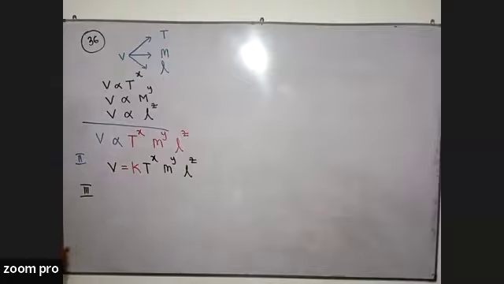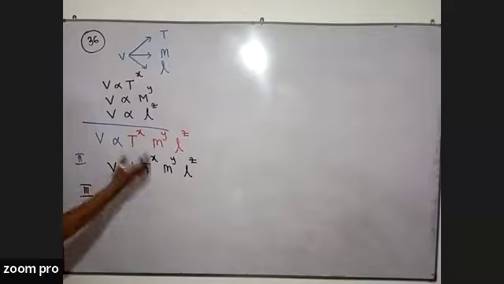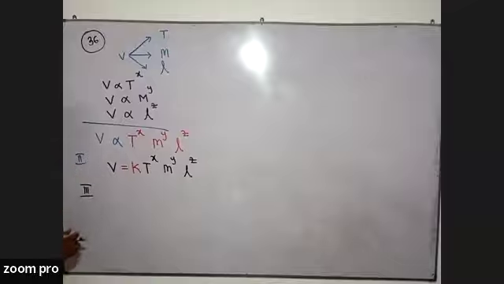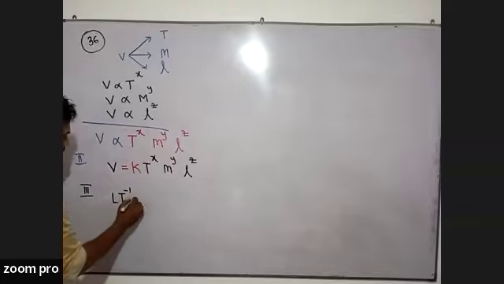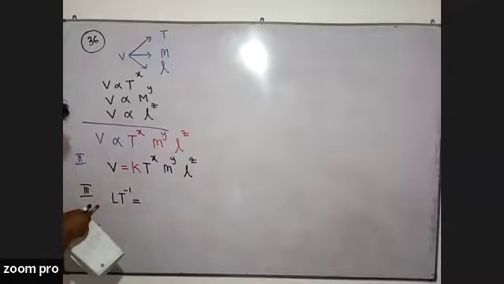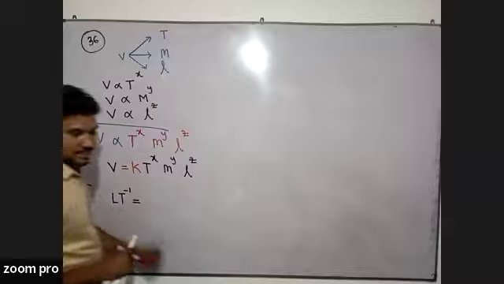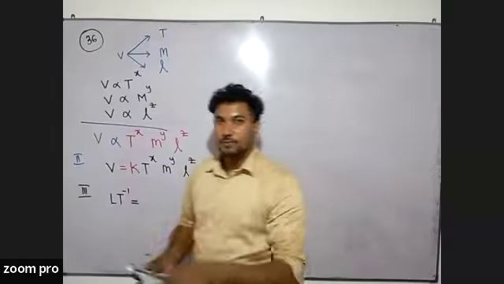In the third step, you just have to substitute the relevant dimensions for each physical quantity, right? So v means velocity, that means L T to the minus 1, equal to. Now when you substitute the dimensions, you can ignore the constant. And T is a tension, as I mentioned earlier, so it is a kind of force, right?